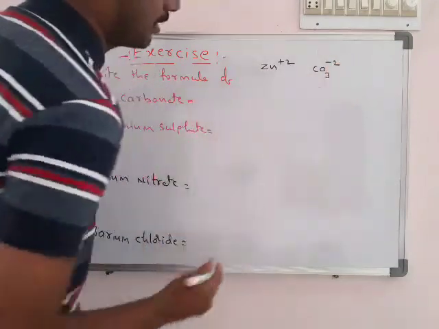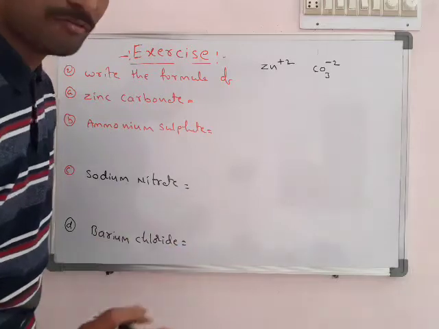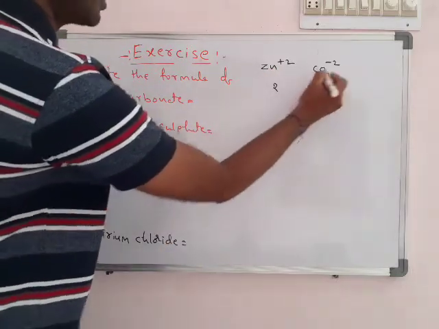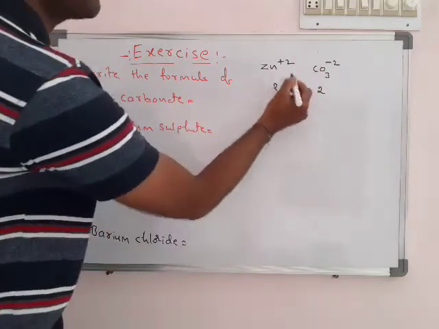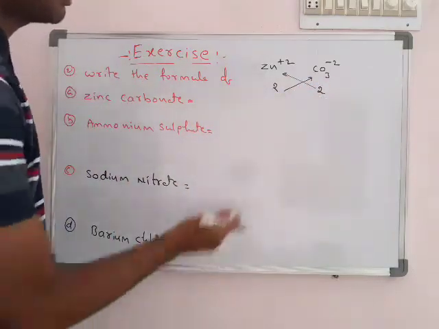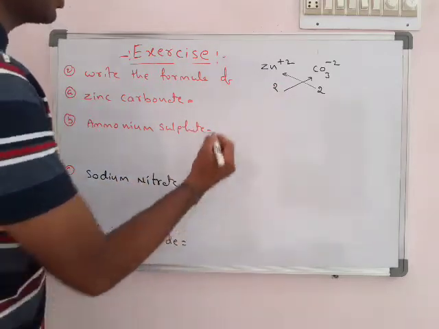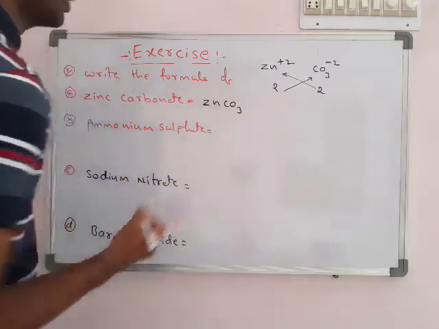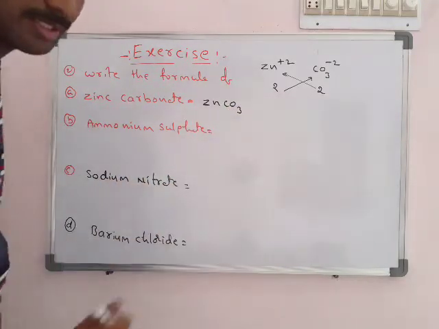You have to remember all those formulas, then only we are able to do this type of question. Here plus 2 units, here minus 2 units. Using the crisscross method, we already did many examples in our classes. They are 2 and 2, so the ratio is 1:1. Simply we can write ZnCO3, zinc carbonate. In rough you can do this.